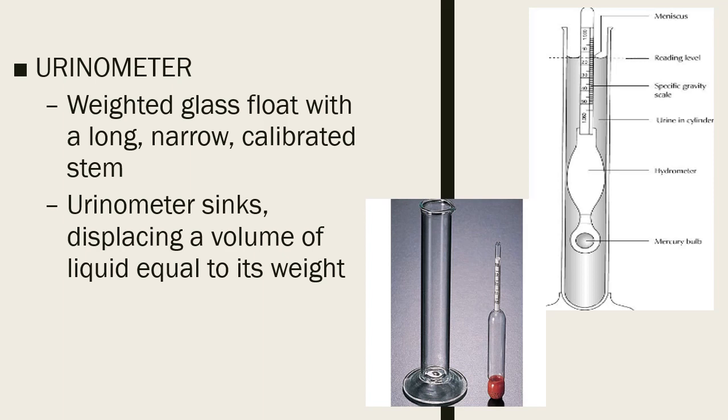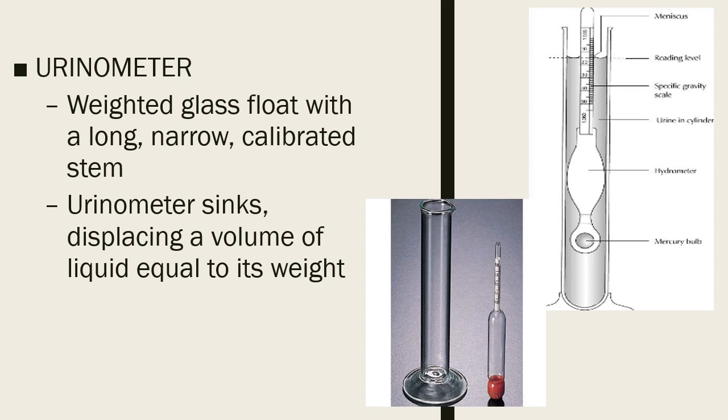Of course, you will calibrate it using distilled water to give you a specific gravity of 1.000. Okay, and so it should be free floating, and it should not touch the walls of the test tube. And so the urinometer will sink and will displace a volume of liquid equal to its weight.